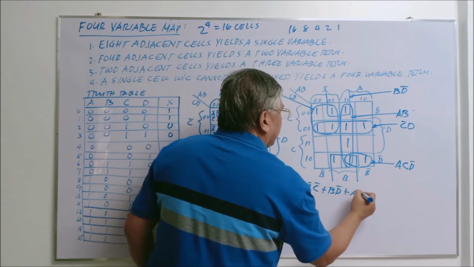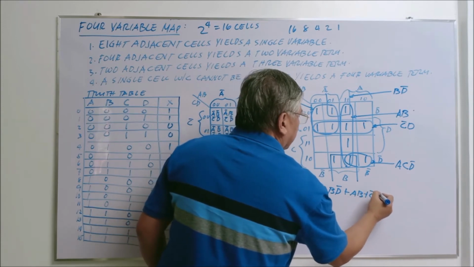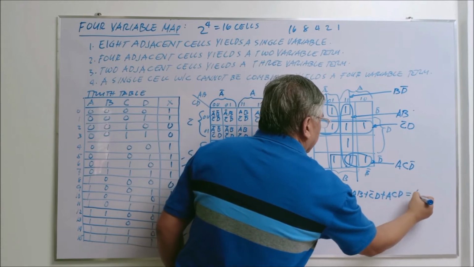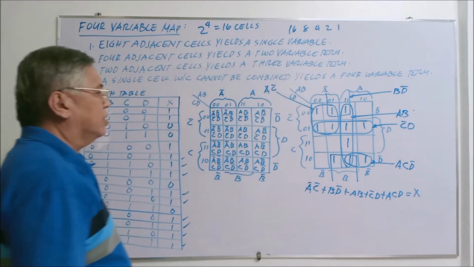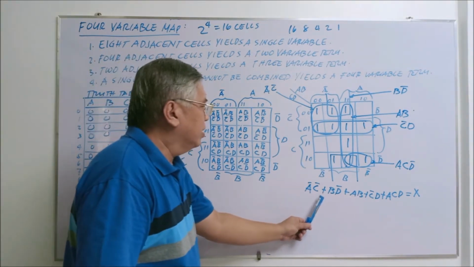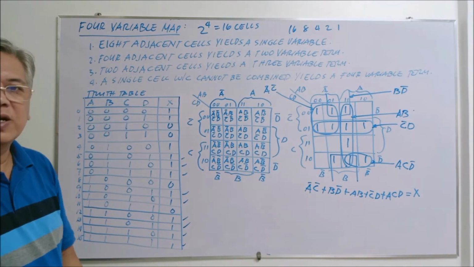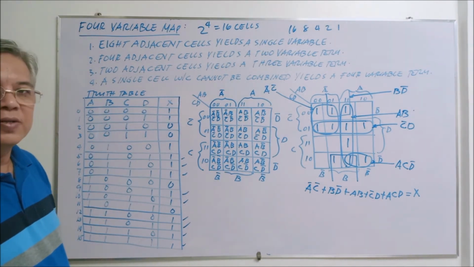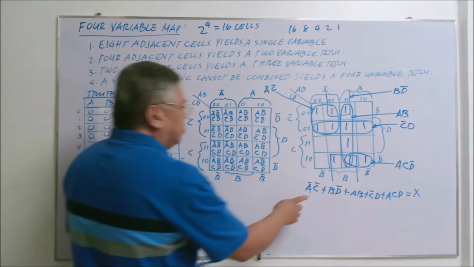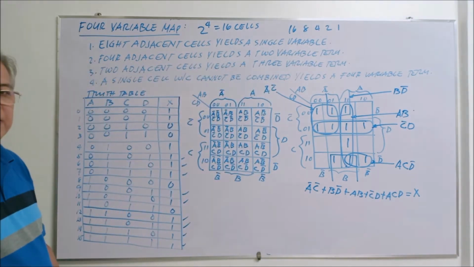Then you have AB plus C bar D plus ACD bar is equal to X. Okay? That will be our simplified logical equation that represents this particular output X. Okay? So if we will draw the logical circuit equivalent, we have 1, 2, 3, 4, 5 AND gates.